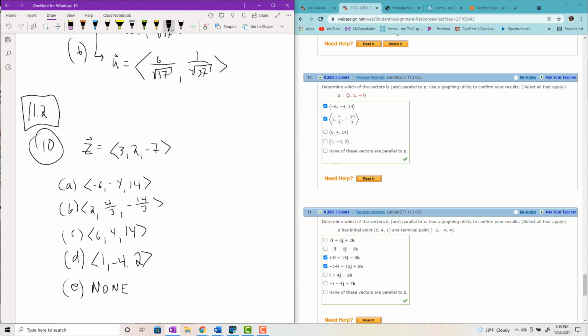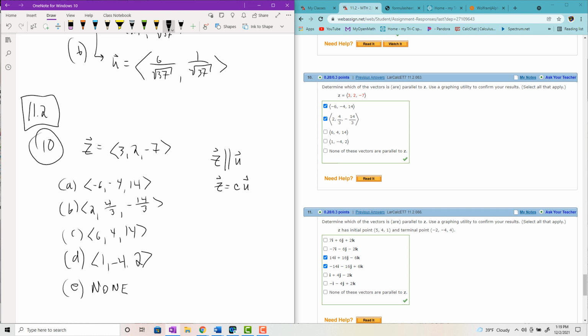Okay, so what's the deal with this one? If you recall the way these worked, a vector z is parallel to vector u when z is some scalar multiple of u.